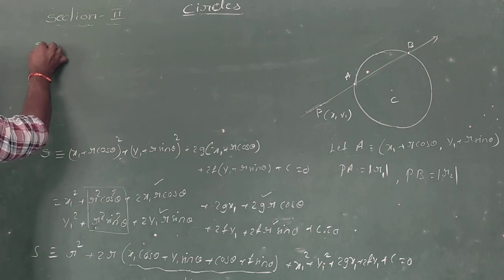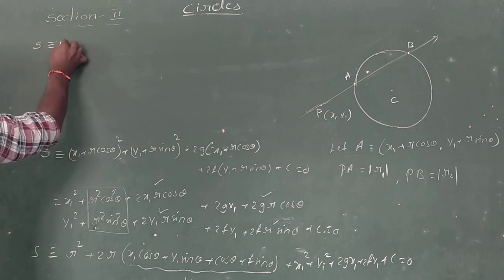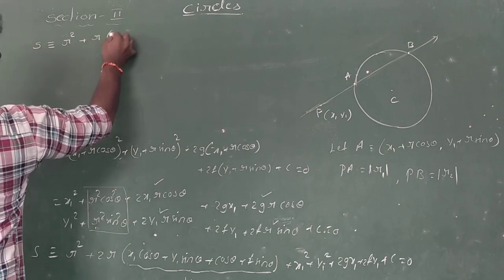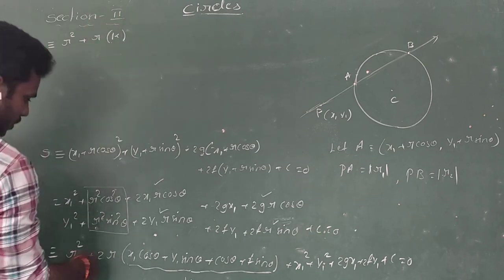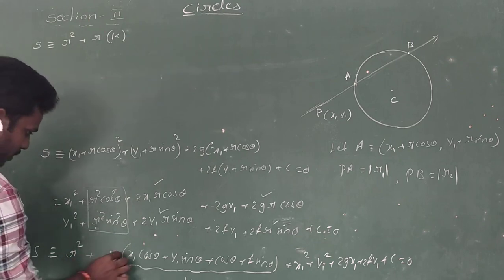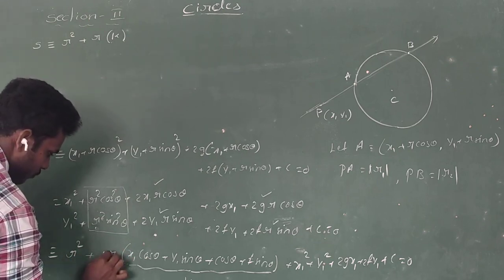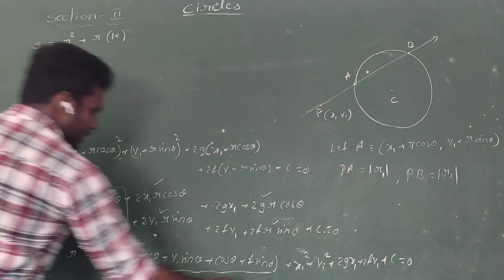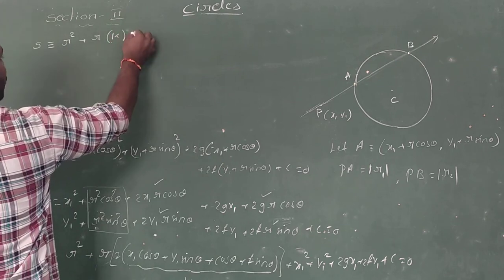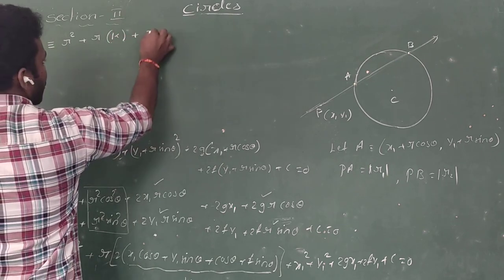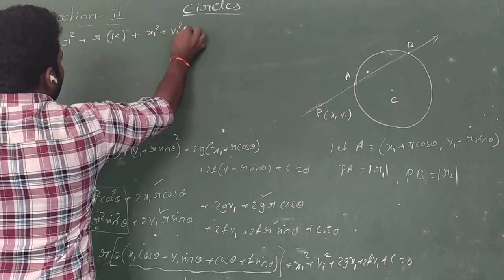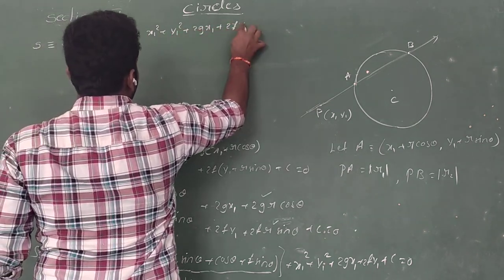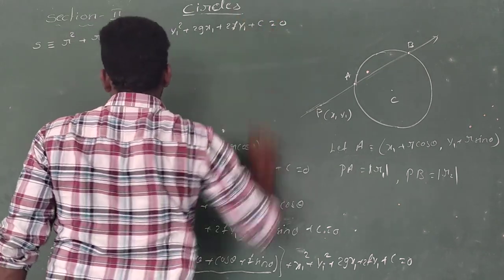So now S is r square plus r of some k, with the 2 also getting inside, r into k, plus x1 square plus y1 square plus 2gx1 plus 2fy1 plus c is equal to 0.